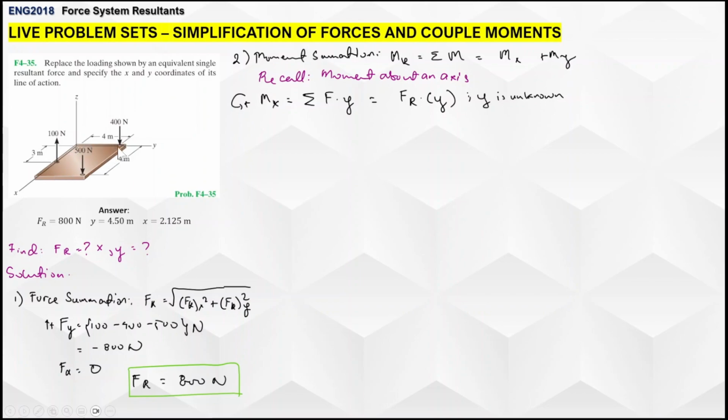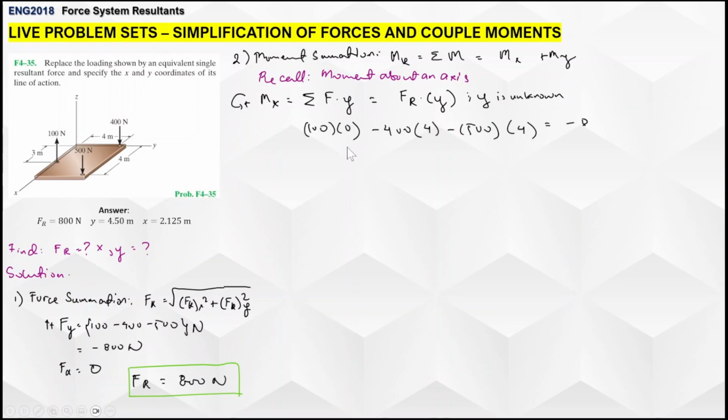Y here is known. We already got our FR, since the force resultant is the total force times y, and y is the perpendicular distance. But we do know the individual forces here. So our moment about x is equal to FR times y, which is also equal to the summation of all the forces and their respective perpendicular distances. Let me write it.